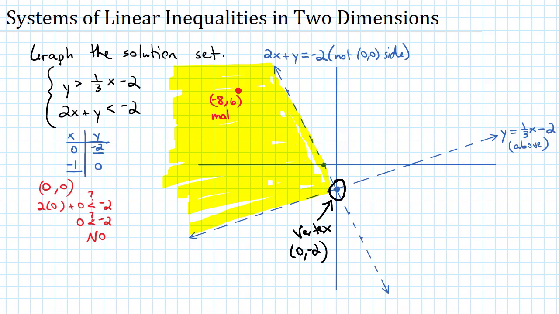In other words, this ordered pair makes both inequalities true. And you could pick any ordered pair in this region. Now, the boundary is a dashed line, so the vertex is actually not part of the solution set. So points on the lines are not going to make both inequalities true, but anything in the shaded region will.